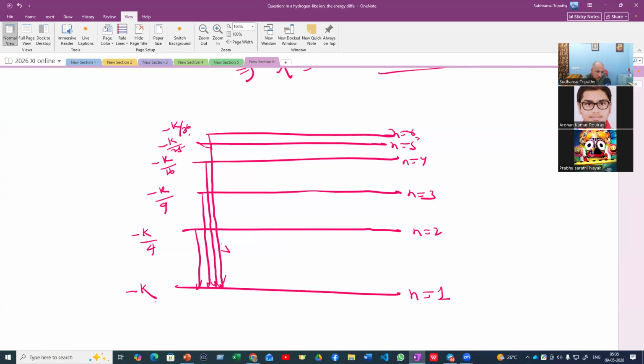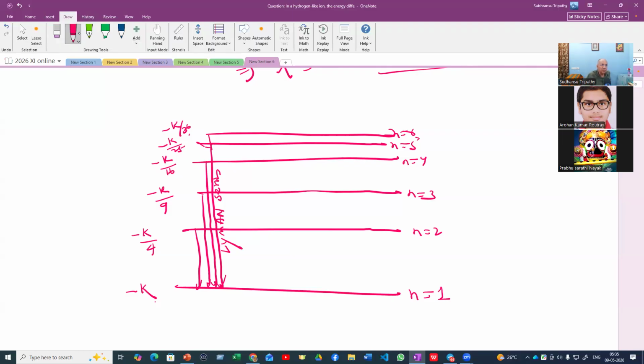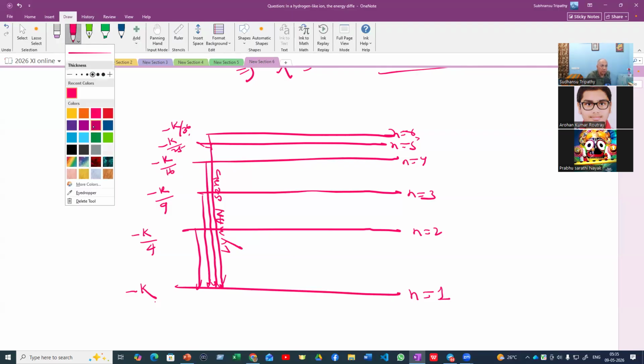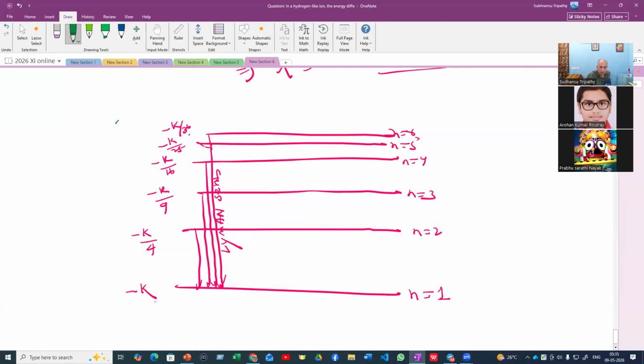We just write down. Similarly, I am using another color. So if the destination is 2, from 3 to 2, from 4 to 2, from 5 to 2, 6 to 2, 7 to 2, 8 to 2, infinite to 2, this is the Balmer series.